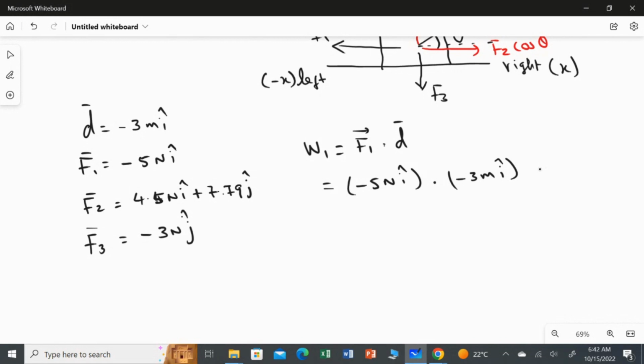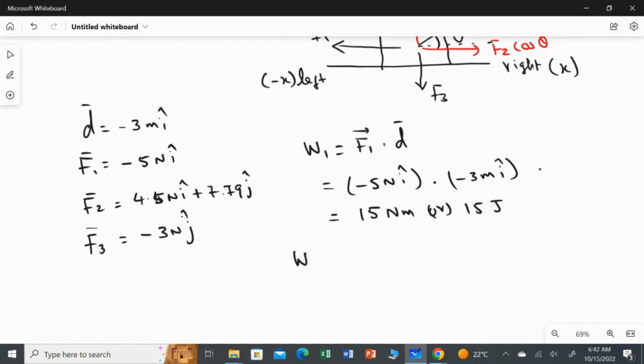So here we have the dot product. I cap multiplied by I cap is I square, which is equal to 1. So minus 5 multiplied by minus 3, so 15 Newton meter, or 15 joules is the answer for the first work done based on the first force.